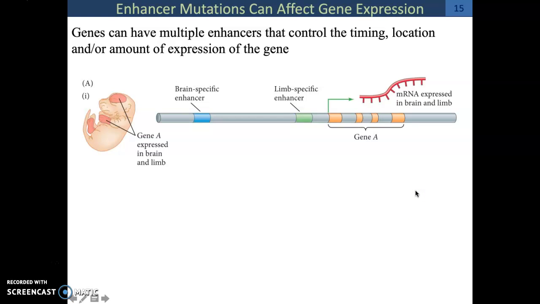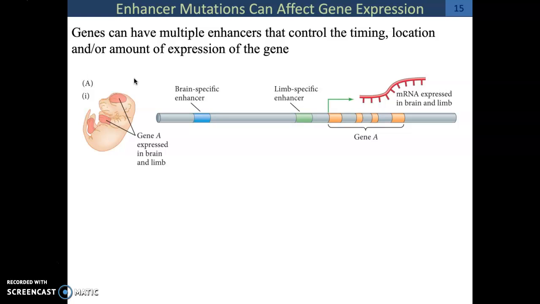So in enhancer mutations, what they can actually do is affect the expression of a gene and the expression of an RNA. Right? Then we can actually have multiple enhancers that control timing and location or even the amount of expression of a gene. So let's look at this example here, and let's say that we have this small embryo of an animal, right?